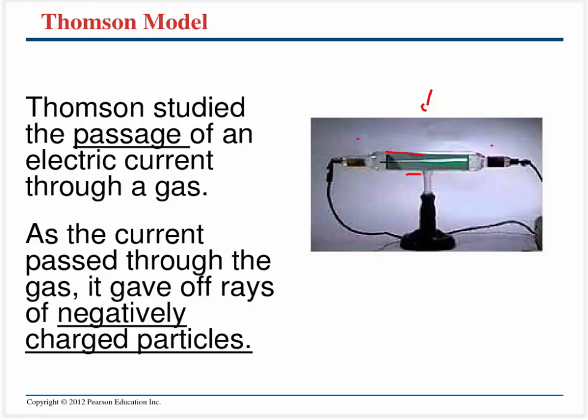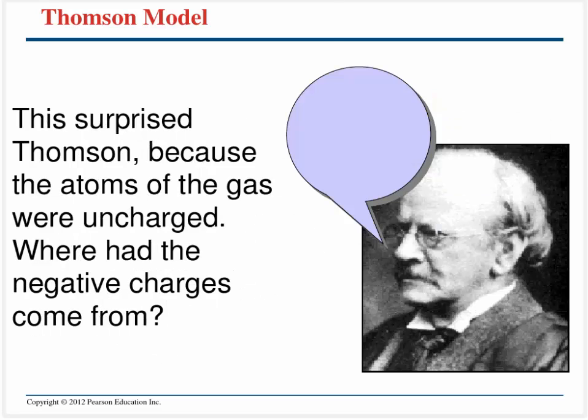As current was going through this gas, he found out it was giving off negatively charged particles. And he was like, wait a minute, the atoms of this gas were uncharged, so where the heck did these negative charges come from?